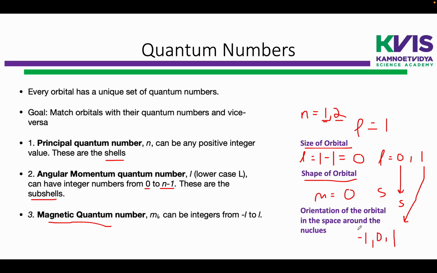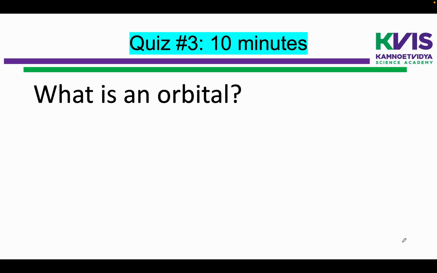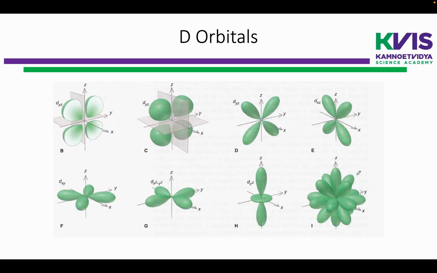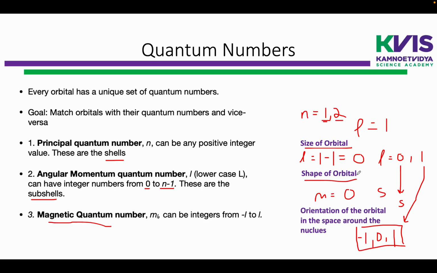So there's 3 orbitals orientated in 3-dimensional space. What orbital am I talking about here? I'm talking about the p orbital. You have the py, px, and pz orbital. So for angular momentum quantum number L equal to 1, I get the p orbital. And m will tell me the orientation of my p orbitals in 3-dimensional space: negative 1, 0, and 1.